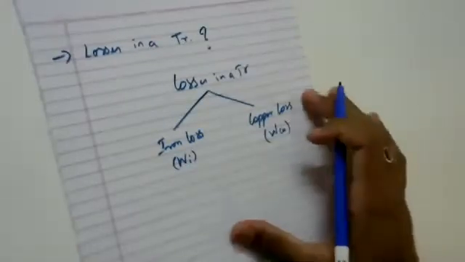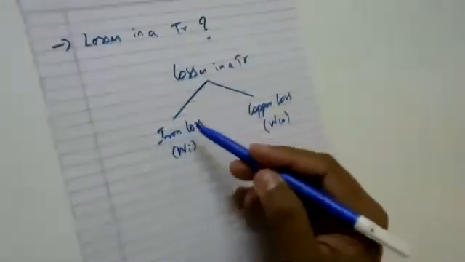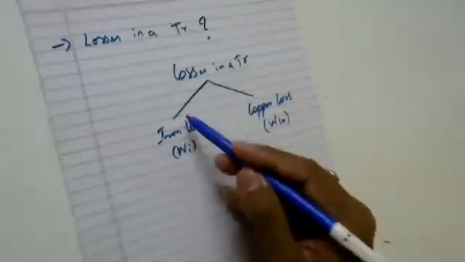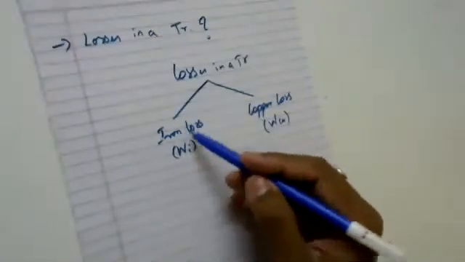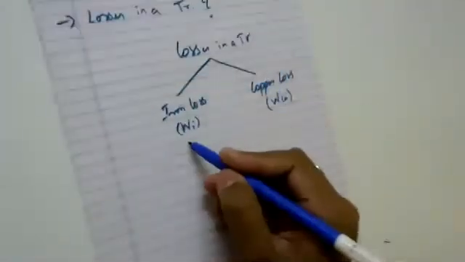This iron loss is a loss that occurs in the magnetic part of the circuit. This iron loss is again classified into two losses.